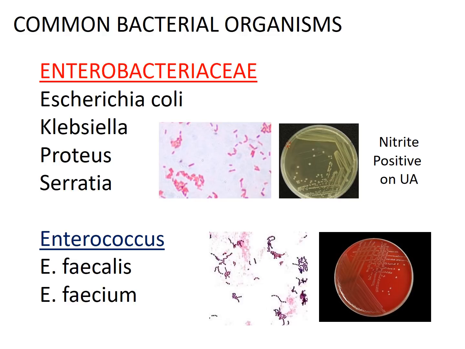But the majority of urinary tract infections are caused by the group of gram negatives called Enterobacteriaceae, and these are the ones that produce nitrites, and they will give you a nitrite positive on the UA. Enterococcus does not give you positive nitrites.